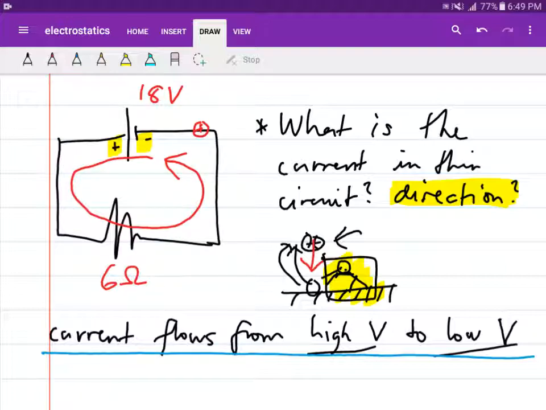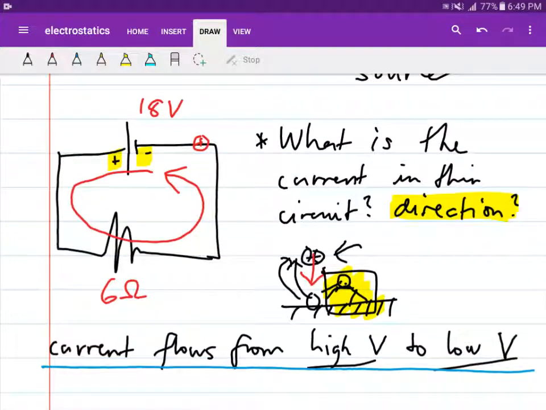Take note, what the battery does is push the charges from low to high potential, but current always flows from high to low potential. It always wants to minimize its potential energy. The battery pushes the charges from low to high so that they can flow from high to low. So that's the direction of the current flow.